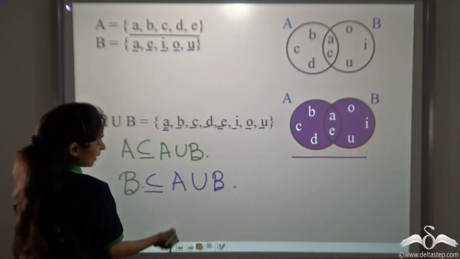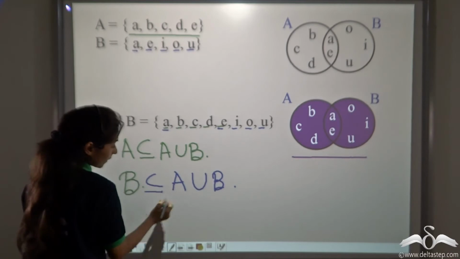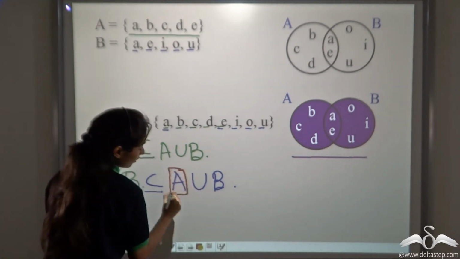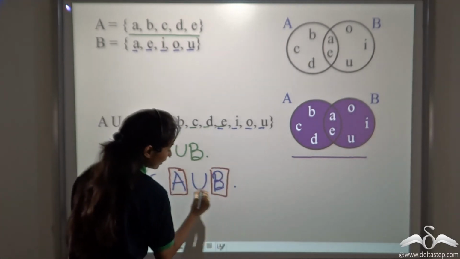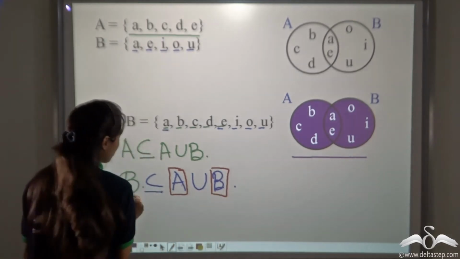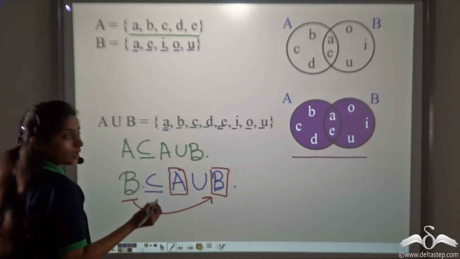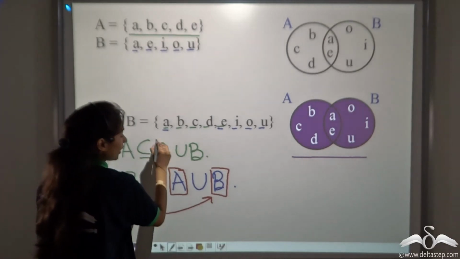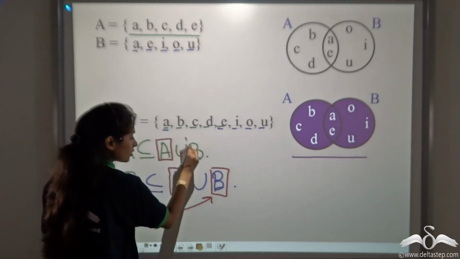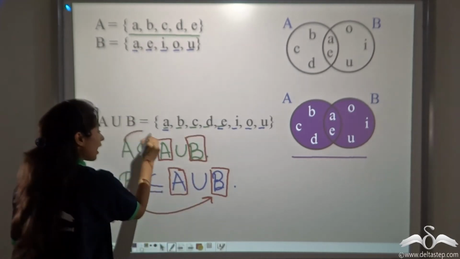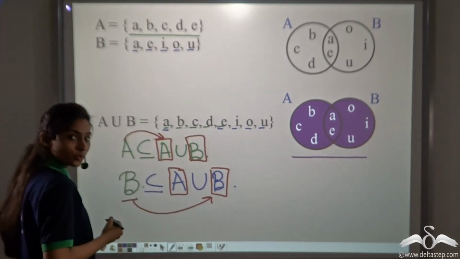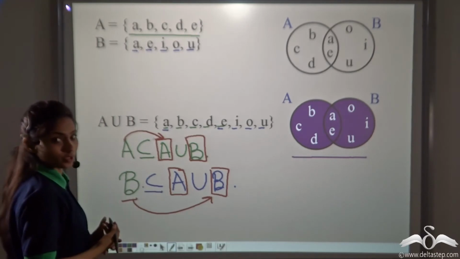Here you can see that we are adding A and adding B, that is adding the elements of A and B. So B will always be present in the set of A union B. In the same way, when we are doing A union B, we are adding the elements of A and B. So A has to be there if we are doing A union B, otherwise how will we get A union B?